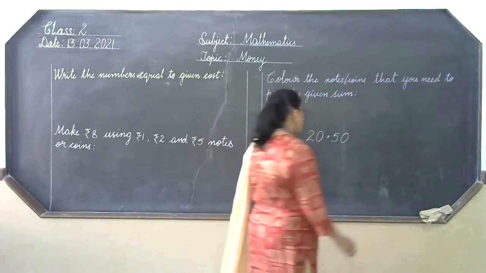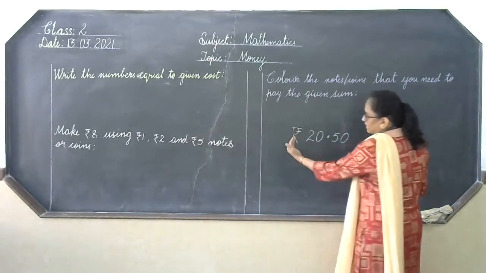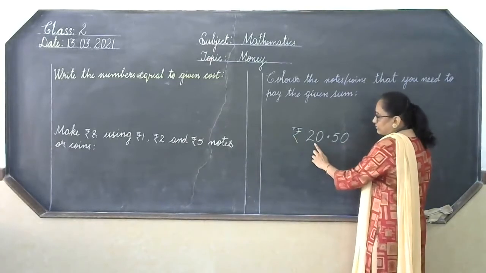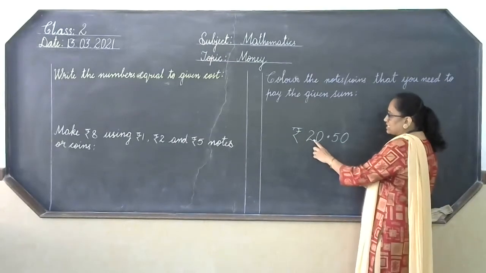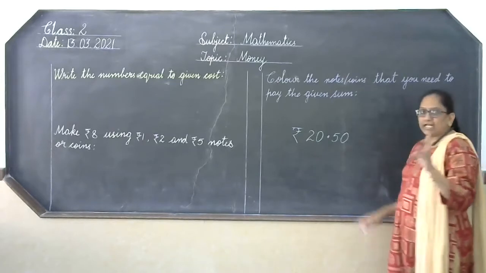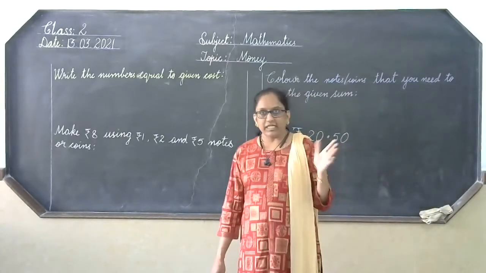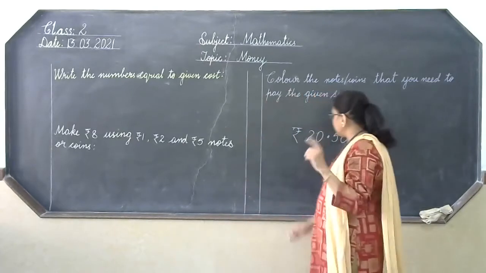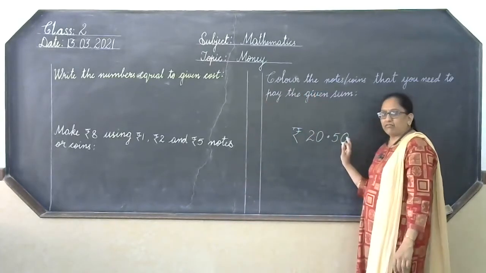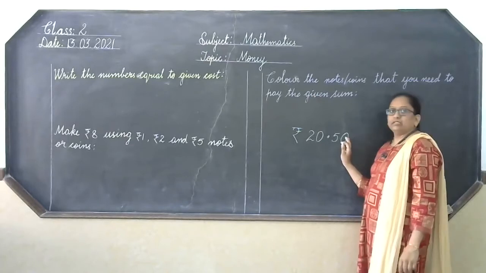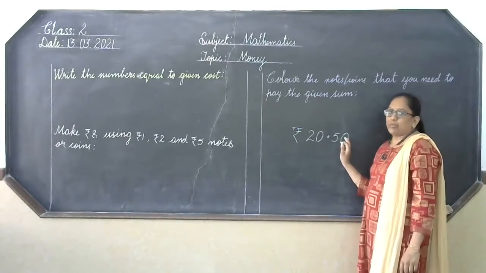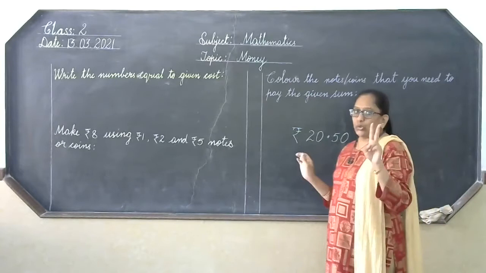When you stand like this, children, this is your left side. Whatever we write to the left side of the dot is rupees. Rupees may have 1 digit, 2 digit, 3 digit, 4 digit, 5 digit, and it continues like that. But what you write to the right side of the dot is paise. Paise will have only 2 digits, children.